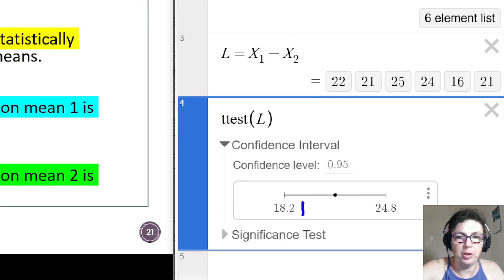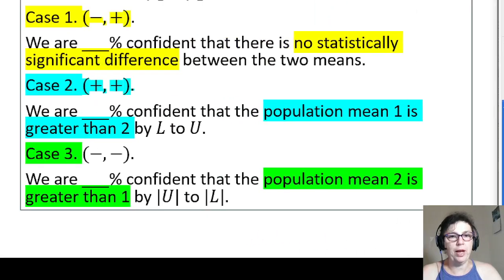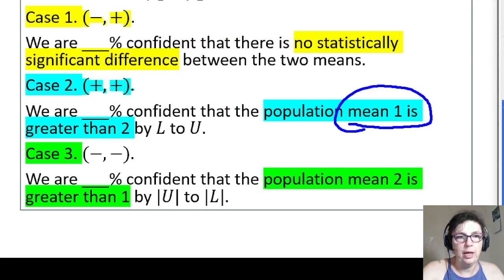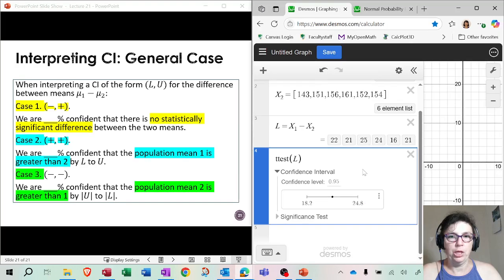Here we've got plus, plus. Both of these numbers are positive, which means that we have case 2. Case 2 means that the population mean number 1 is larger than number 2 by whatever the bounds are. So I'm going to say I am 95% confident that the mean weight before I started the weight loss program was on average 18.2 to 24.8 pounds higher than after I finished the program.